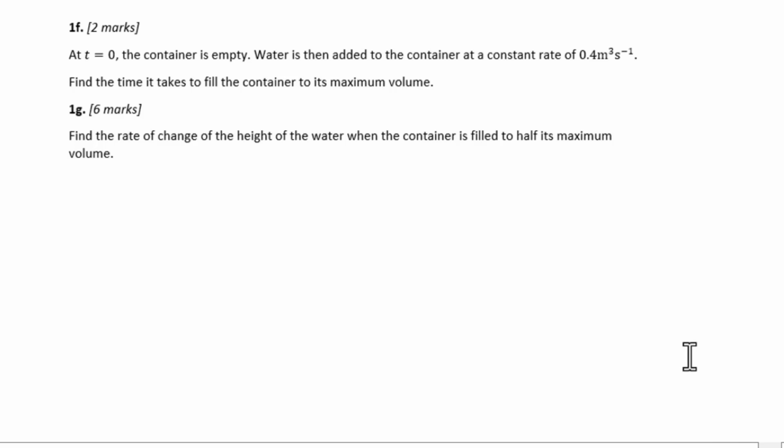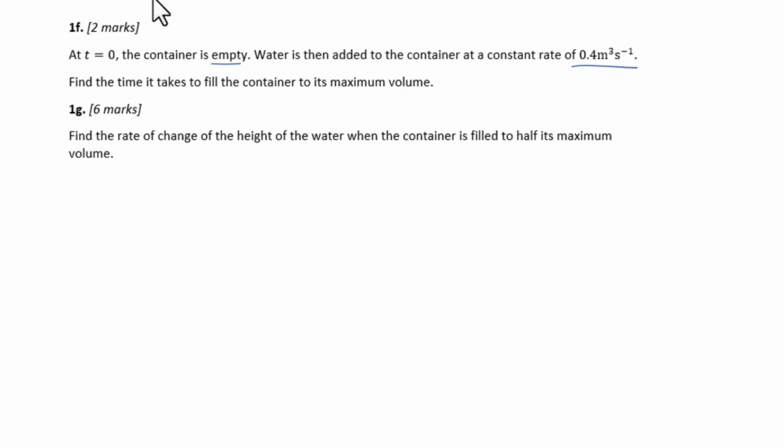Let's go to 1f. At t equals 0, the container is empty. Water is then added to the container at a constant rate of 0.4 meters cubed per second.